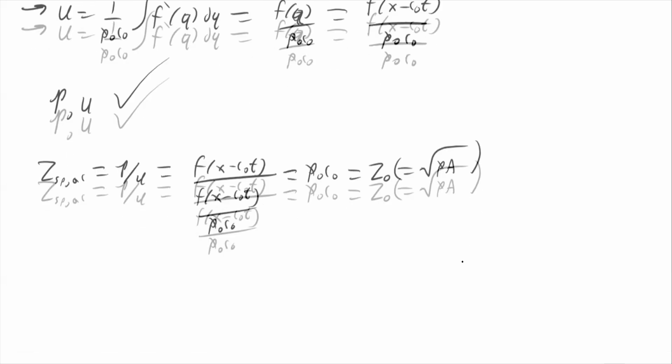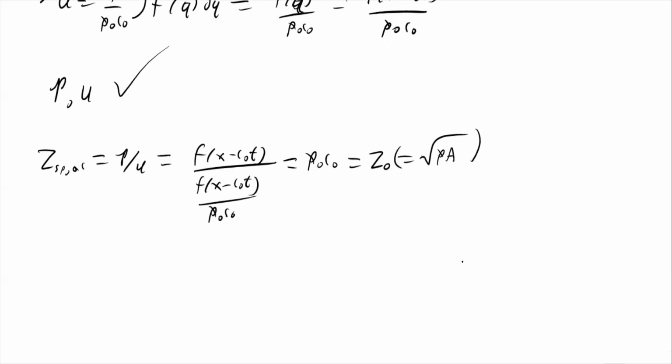Now, why did we only consider an outgoing wave? Well, let's consider an incoming wave. If we were to do the same analysis, we would find that Z naught is equal to negative rho naught c naught. Well, hold up. For the outgoing wave, it's positive, but for the incoming wave, it's negative. Why?